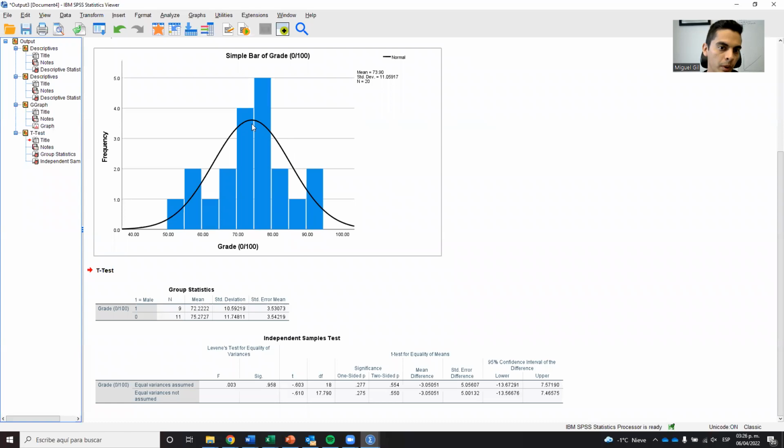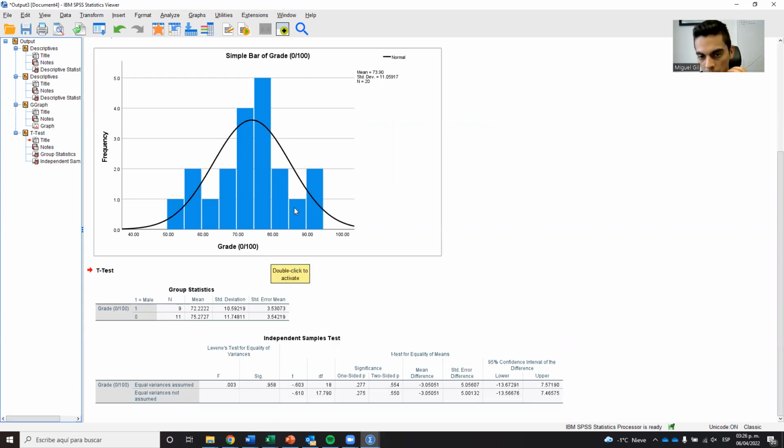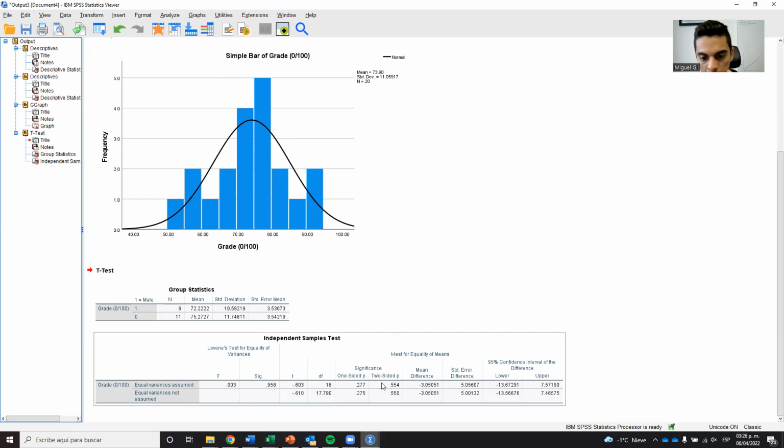Or the other way, if you only care about the low grades, if you want to test for the significance of one side of your distribution, then care only for one-sided p. But if you care, like I think we do, if your gender matters whether you get a higher or lower grade, pick the two-sided p-value. If this p-value is lower than 0.1, which usually 0.1 is a good degree of confidence.